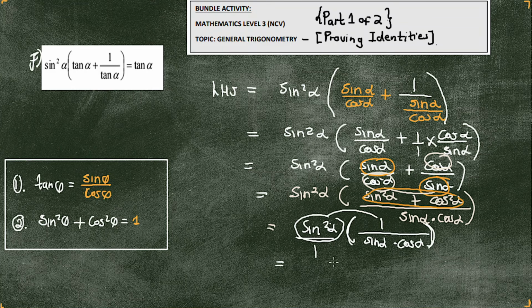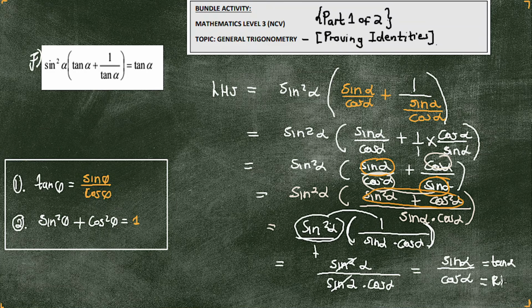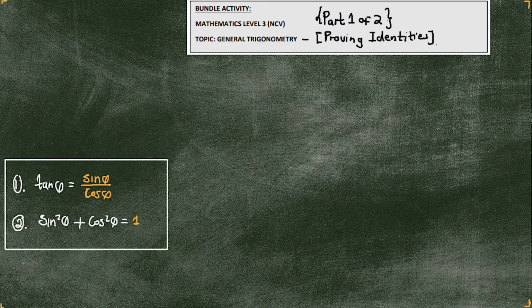The numerators multiply each other. Sine squared alpha over 1 times this, sine alpha multiplied by cos alpha, is equal to, sine gets cancelled by sine. I'm now left with 1 sine on the numerator and a cos on the denominator. I think it's obvious what the answer is going to be, a tan alpha, which is the same as the right hand side. Okay, EFG, let's do G.